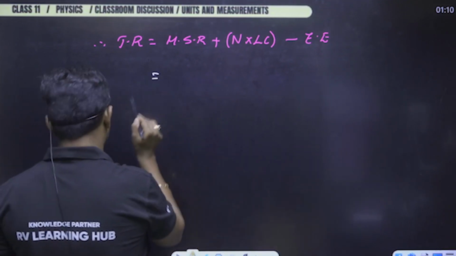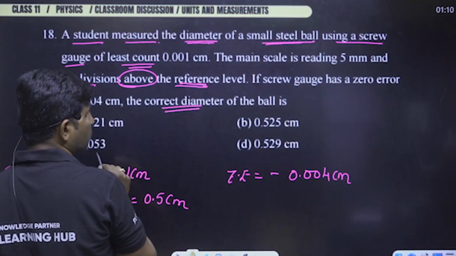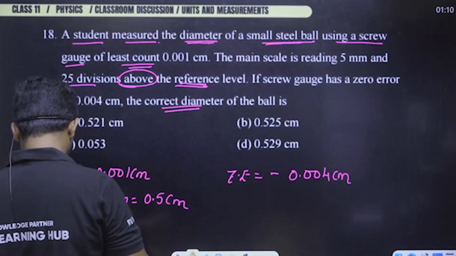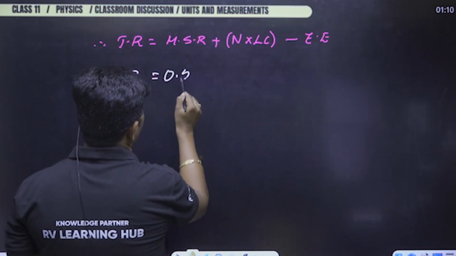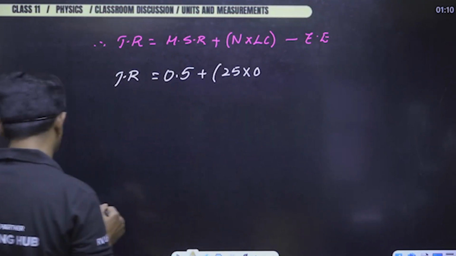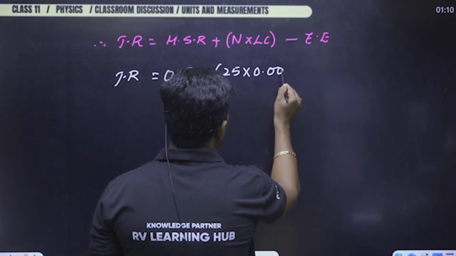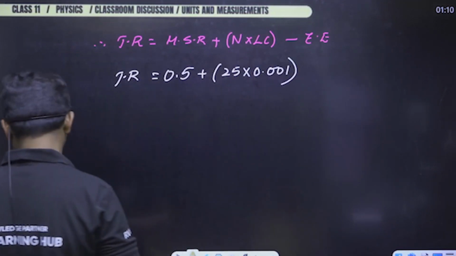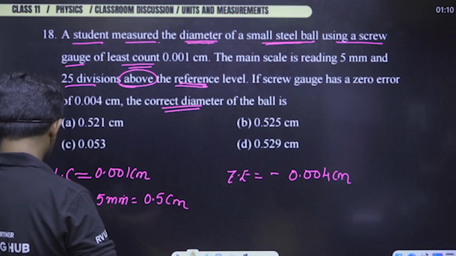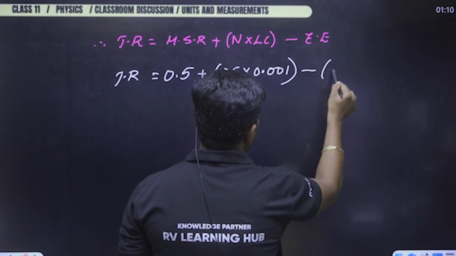So just substitute all the values here. Total reading, that is the diameter, is equals to MSR is 0.5 plus 25 into what is the least count value here. Least count is equals to 0.001 minus zero error.